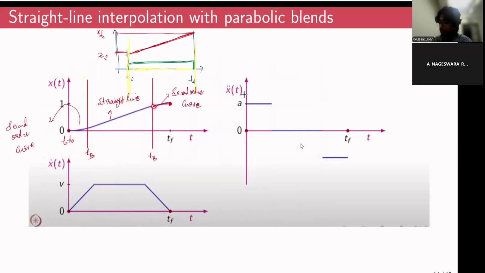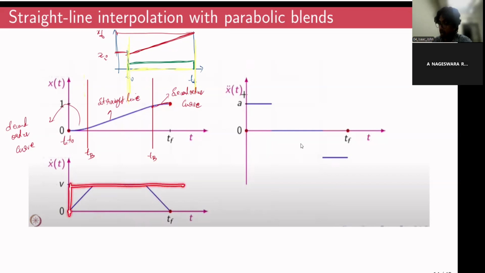And from this point onwards to your final position, it will again follow a second order curve. So again, you would be having a linear velocity profile, something like this. In case of a straight line trajectory throughout, it would have been something like, from zero, it will jump instantaneously.